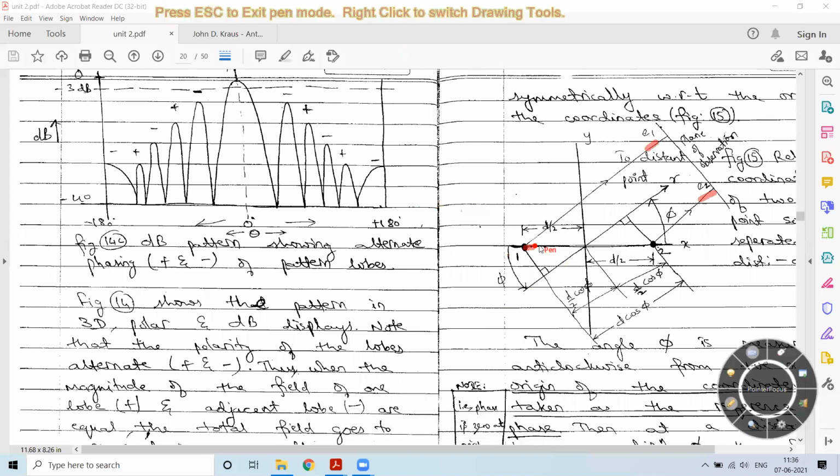So first we got to know the distance between these two is d, which is the physical distance. The distance with respect to the reference point is d by 2 and d by 2 for source 1 and source 2 respectively. And when I obtain the distance in terms of the hypotenuse and the adjacent side, this part will be d by 2 cos phi and d by 2 cos phi.